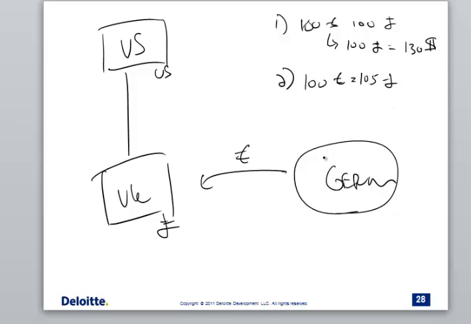So I thought I made a sale for 100 pounds, but actually I got 5 pounds more, so I've gained. So this entity's got a 5-pound gain. And that 105 pounds, let's say, ultimately becomes worth $140.